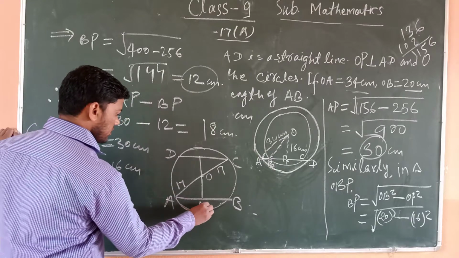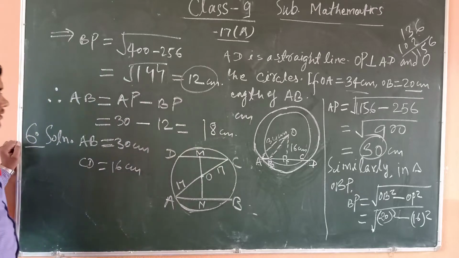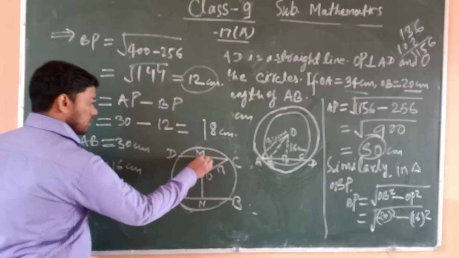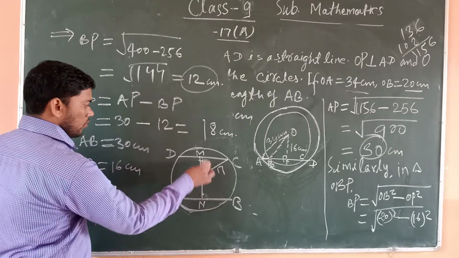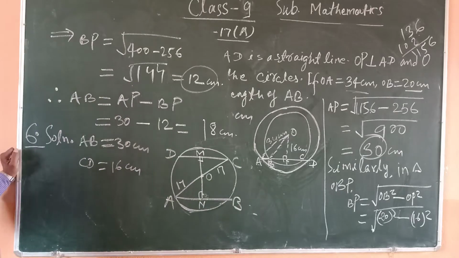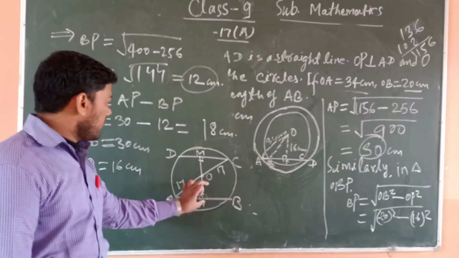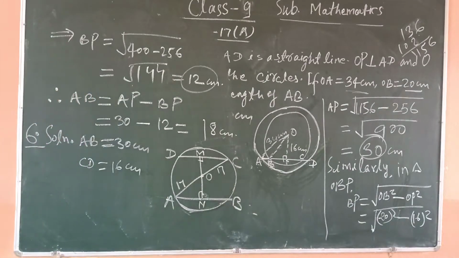Suppose there is N and there is M. OM and ON will be perpendicular because they are drawn from center to a chord.